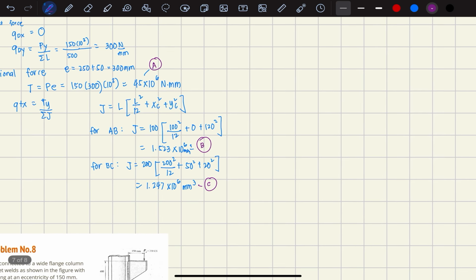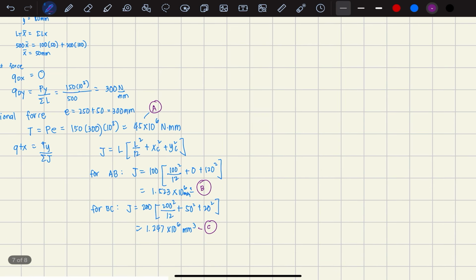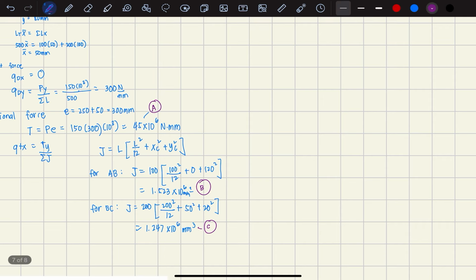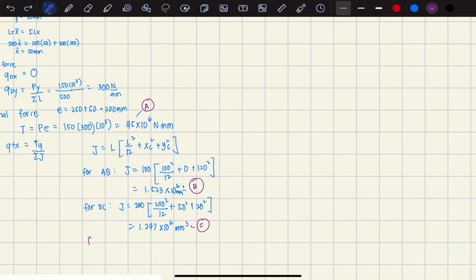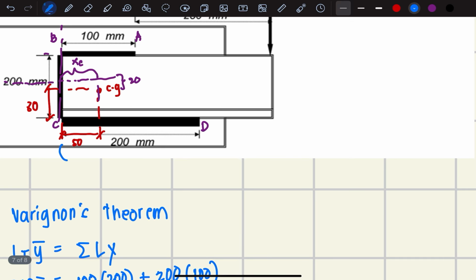Next is for segment CD. No? Segment CD na tayo. For segment CD, again, ito naman yung polar moment of inertia niya. So, nandito na tayo.